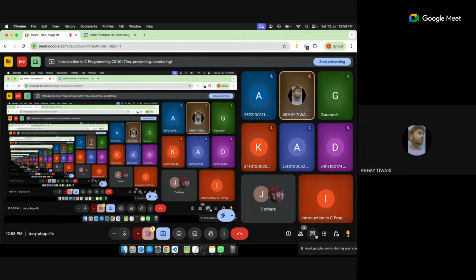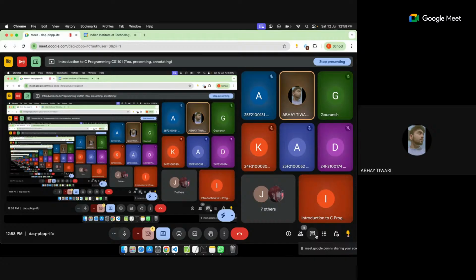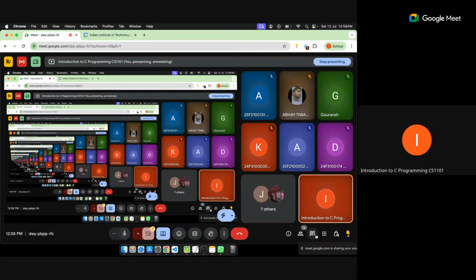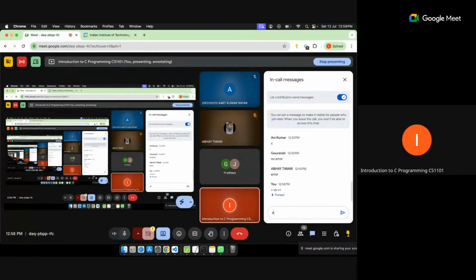Right side value is assigned to the left side variable, because we write a = 5, so 5 is on the right side. Is that clear?